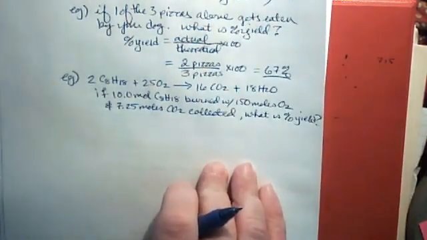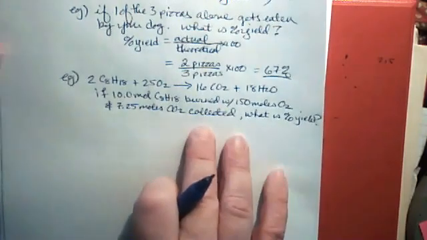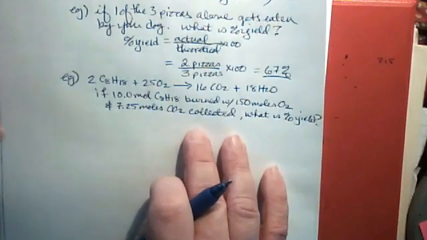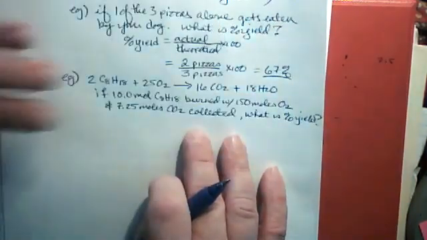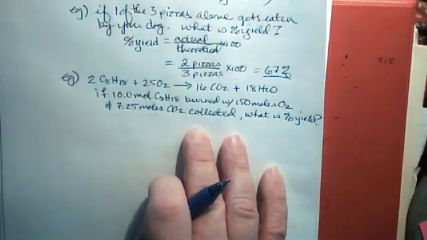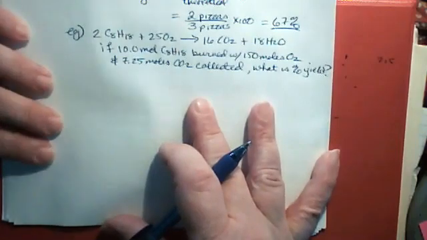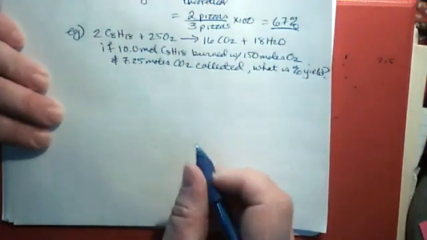Now, one thing you'll notice in this question is I didn't say anything about limiting reagent or theoretical yield, but you have to find both of those in order to find percent yield. And so sometimes questions are worded like that, and they kind of leave out intermediate steps that you have to do in order to get to the final answer.